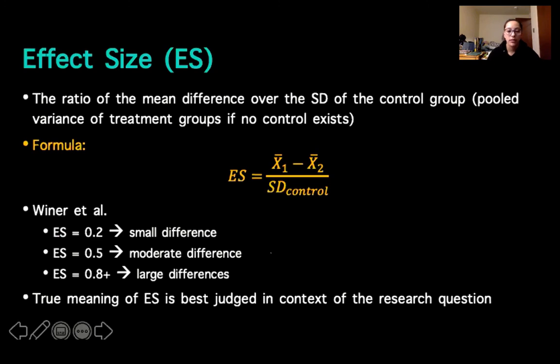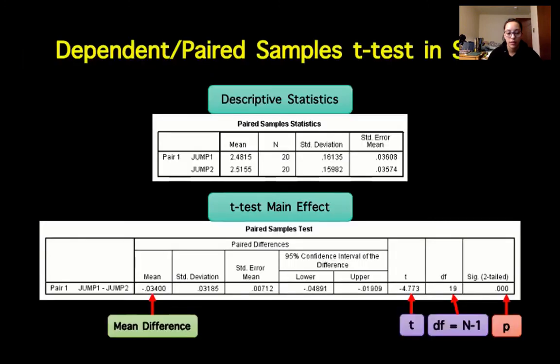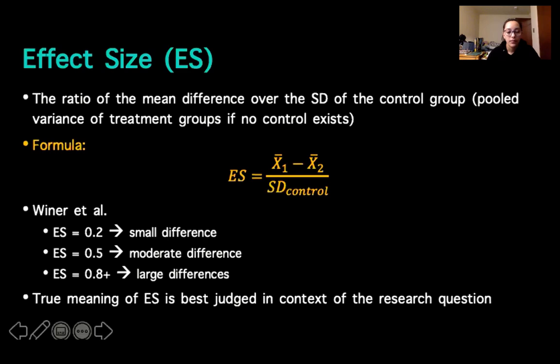So if we went back to our t-test example, this output, where we had a difference of 0.3 that was significant, we could then look at the effect size and say, okay, well, how big is that difference really, right?